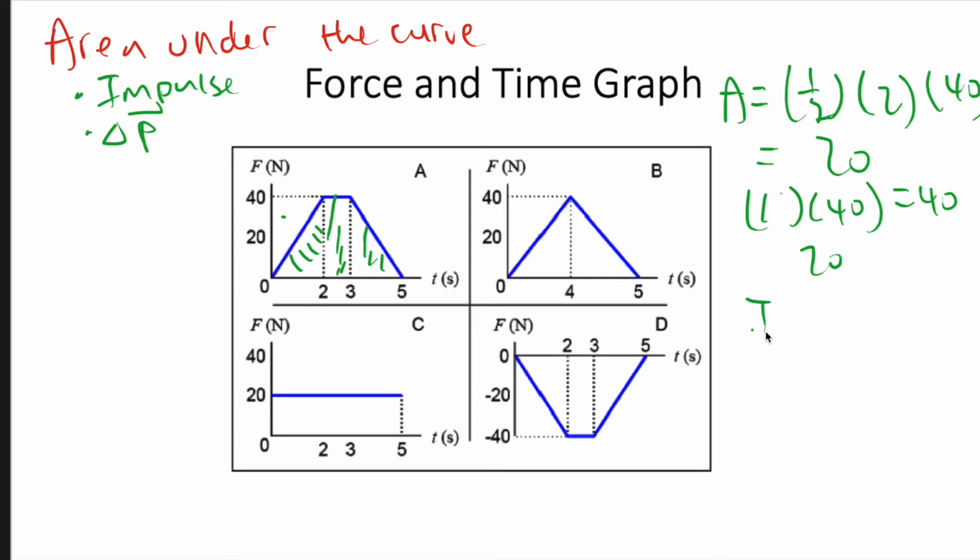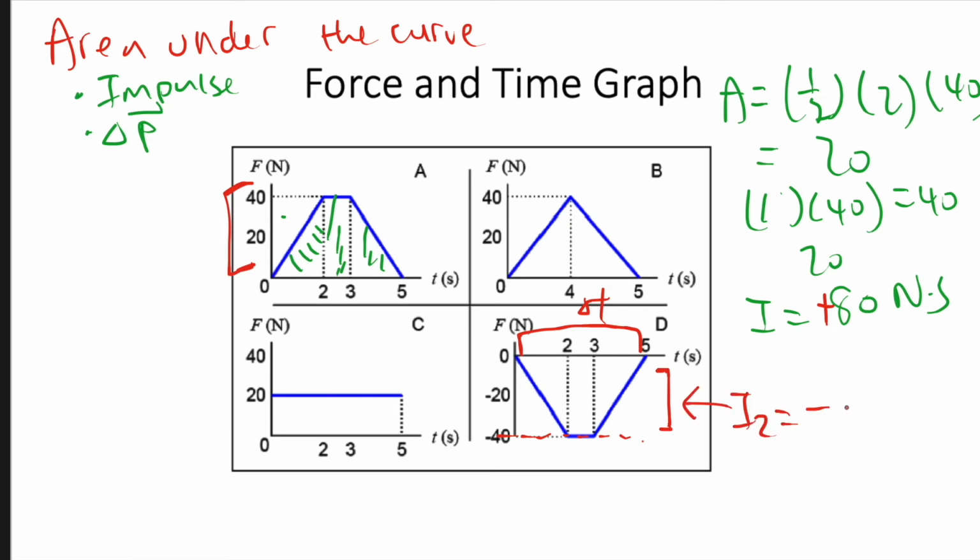We know the impulse is equal to 20 plus 20 plus 40, so 80 newton seconds. It has a positive sign here, because it has a positive force. But for this picture, this is the delta t, and here we have a negative force, so the momentum for this picture is going to be negative 18 newton seconds.